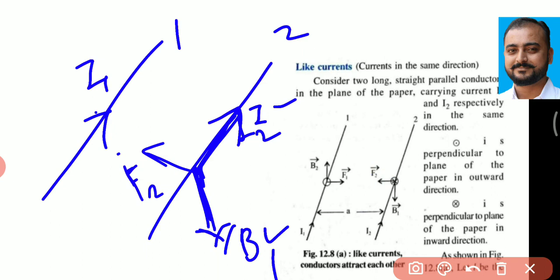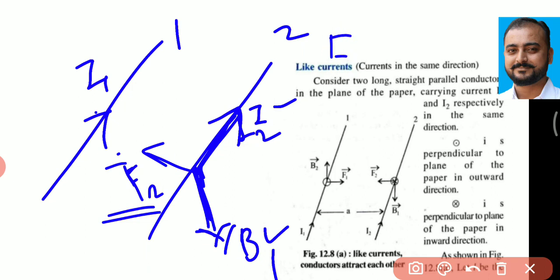This means, in the presence of current I2 and magnetic field B1, the force experienced by conductor 2 is directed towards conductor 1, and that is simply represented by F2. This is the direction. Now what about the magnitude? As with the magnetic field, we have to find the value of the magnitude. So what is that?